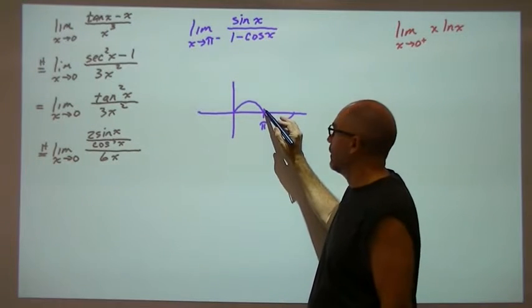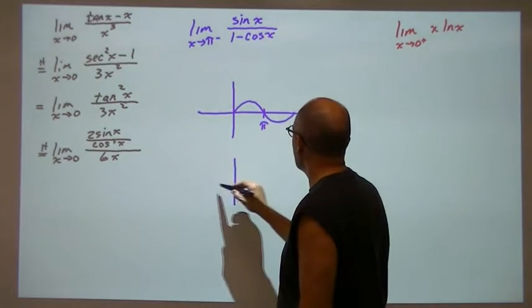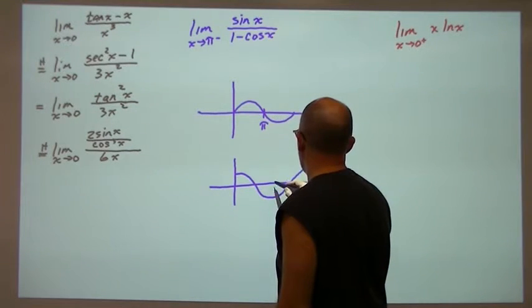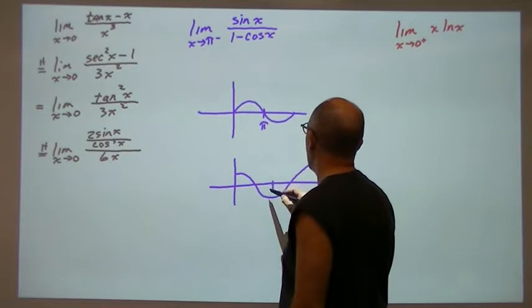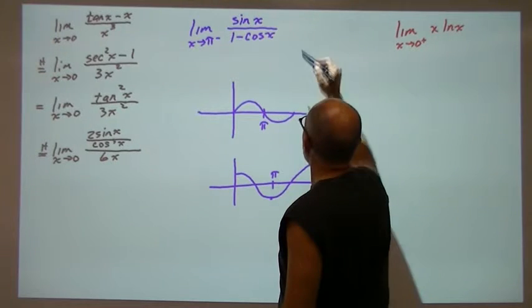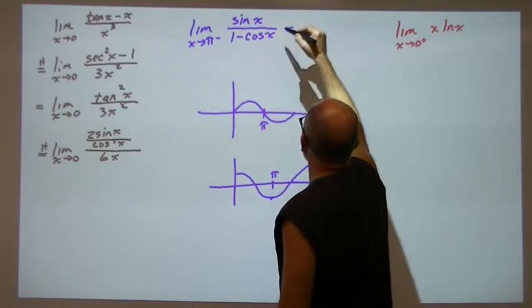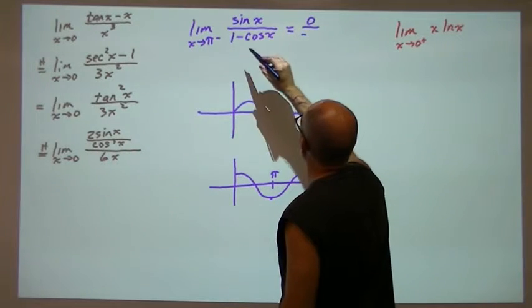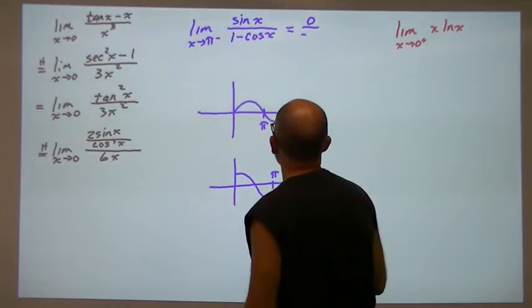The top approaches 0. Now if I look at the cosine curve, if I'm approaching pi from the left, the cosine curve is approaching -1. So basically this equals 0 over 1 minus -1.